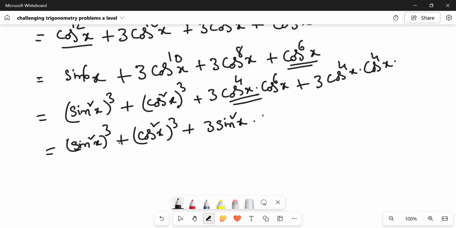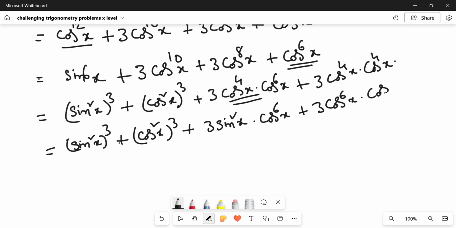Let us write this cos power 6x for time being. I will tell you slowly. So what else we have? I need something like 3 cos power 6x. Let's write it like this: 3 cos power 6x multiplied by cos square x.